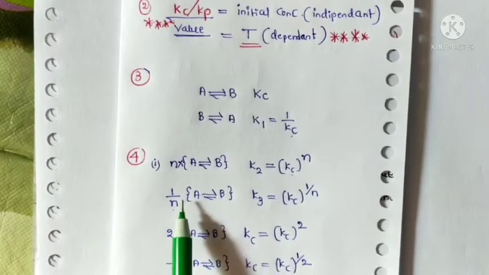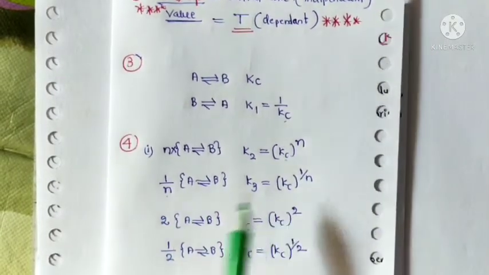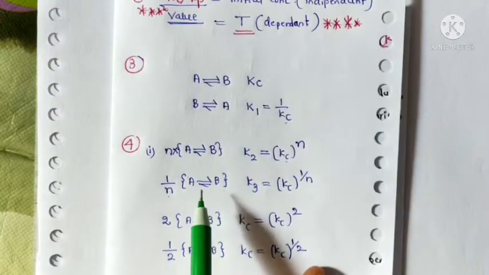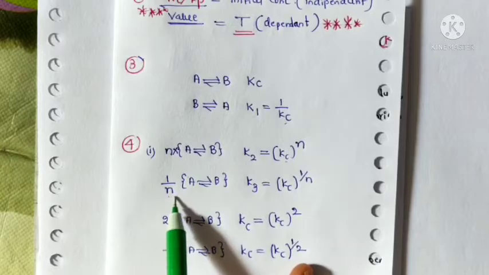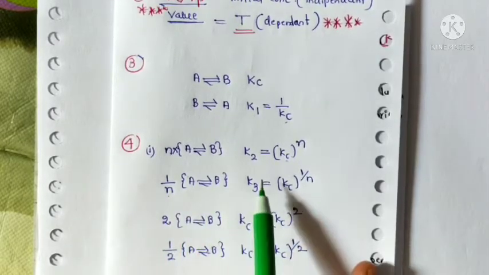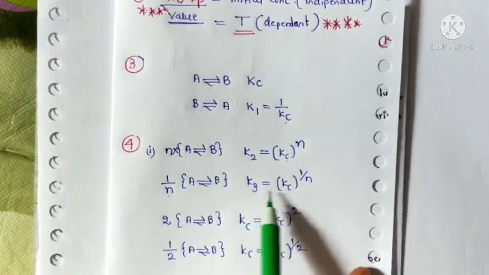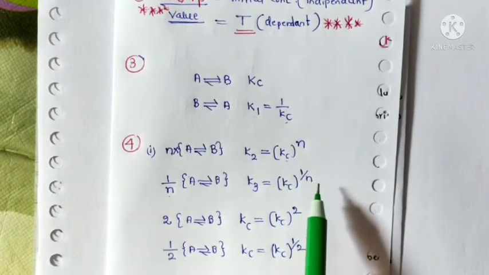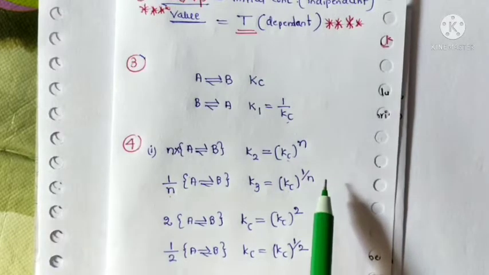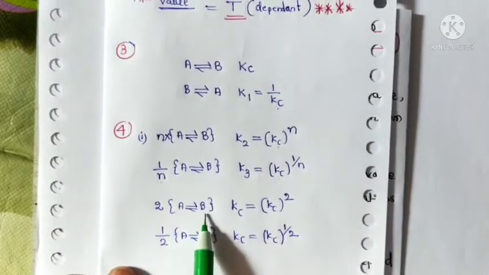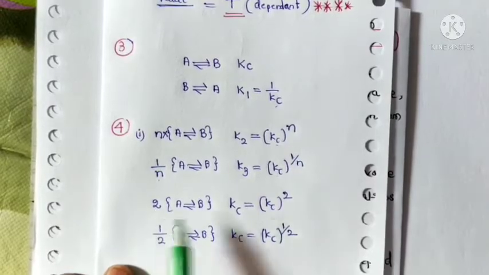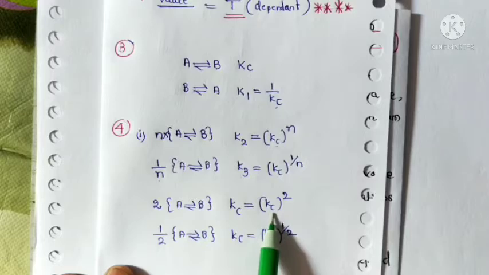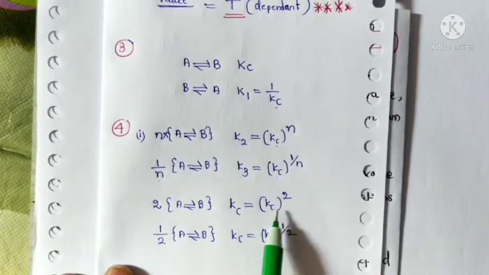Next, if a chemical reaction is divided by a simple integer n, then the new equilibrium constant is exactly equal to the equilibrium constant to the power of 1 by n. If a chemical reaction is multiplied by 2, then the new equilibrium constant is exactly equal to the equilibrium constant for the forward reaction to the power of 2.